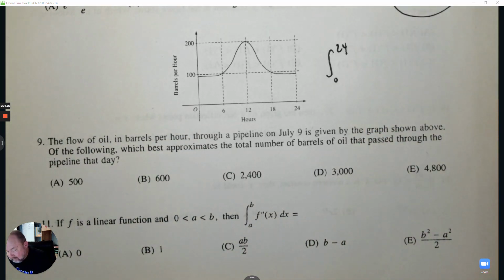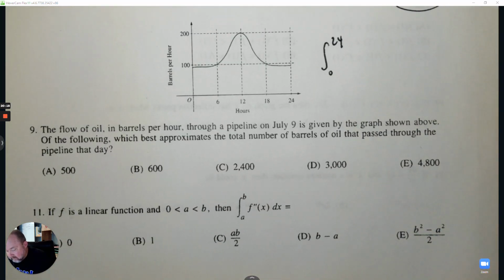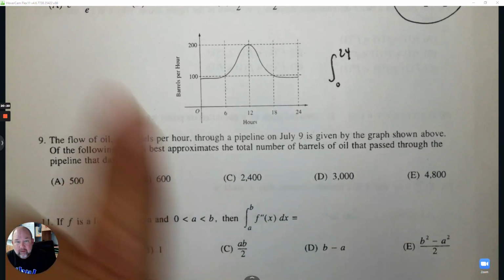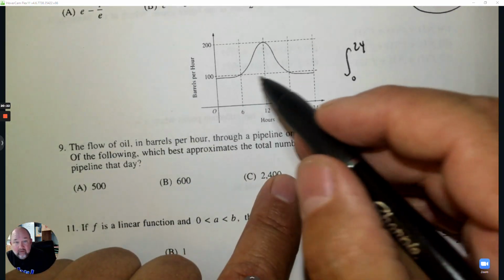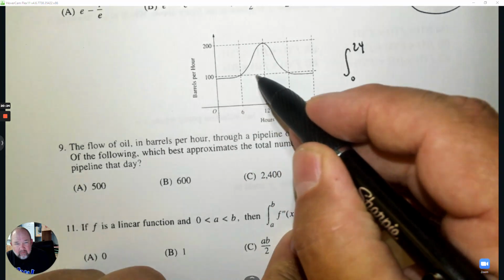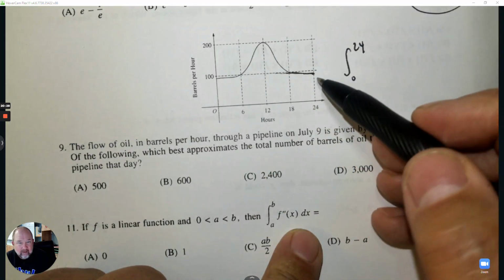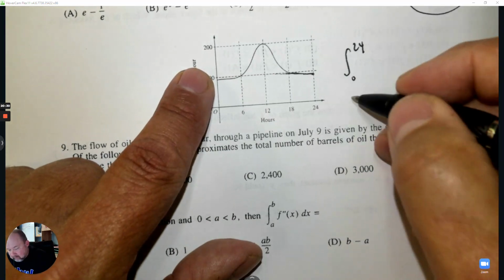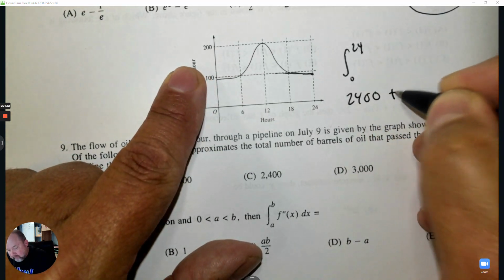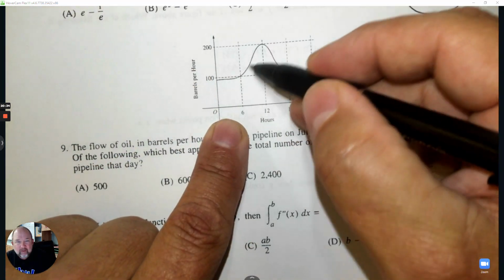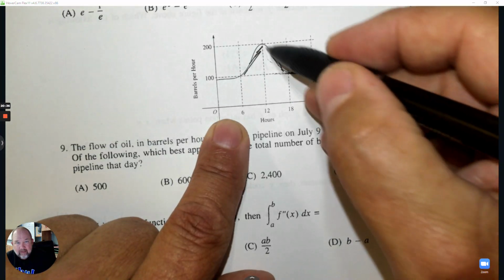And to do that, what do you think is the best approximation? So in other words, I want to find the area of this. If I'm going to approximate the area, that goes like 100 times 24. And then what would this be? Think of it kind of like a triangle, right, if we're going to estimate it.